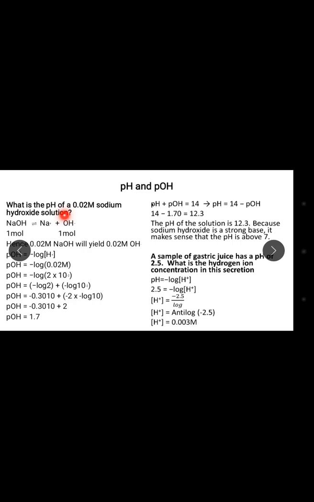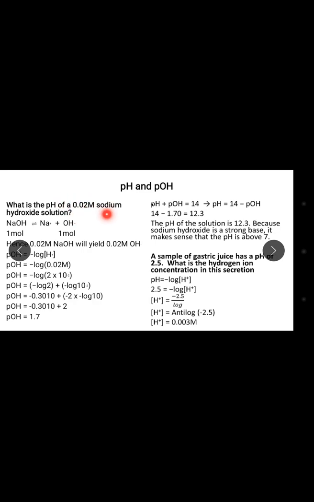So the pH of a base is expected to be above 7. That's why we have 12.3. And the higher the pH, the higher the concentration, the stronger the base we are talking about.